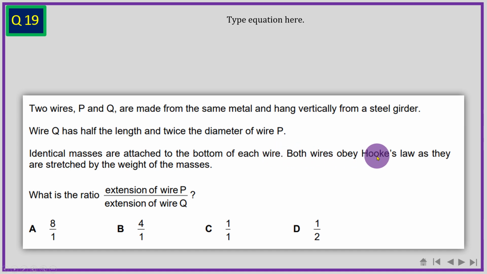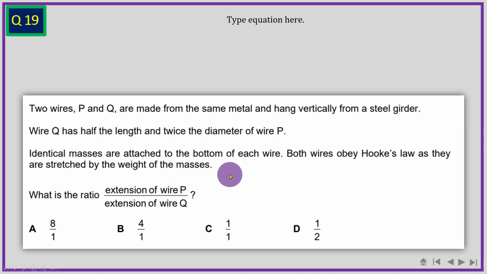Both wires obey Hooke's law as they are stretched by the weight of the masses. What is the ratio of the extension of P to the extension of Q? So we are going to calculate the extension of P and then work out the extension of Q and then divide that extension by this extension.